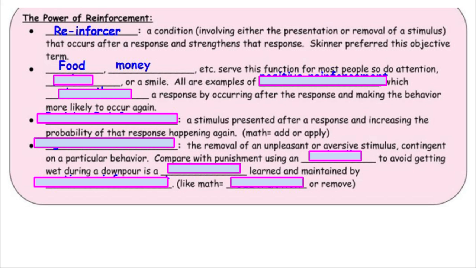Food, money, etc., can serve this function as a reinforcer for most people. So do attention, praise, or a smile. These are all examples of what we call positive reinforcement, which strengthens a response by occurring after the response and making the behavior more likely to occur again.